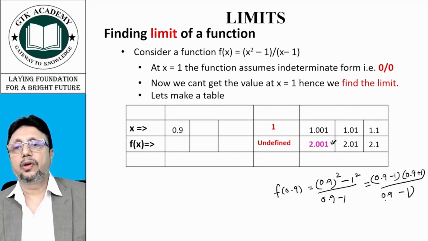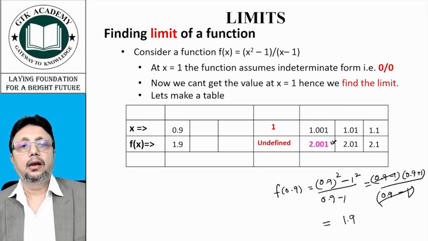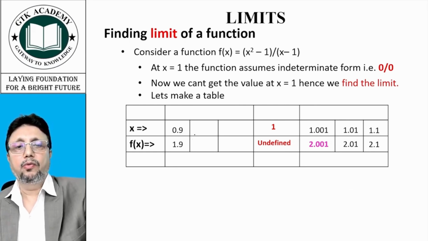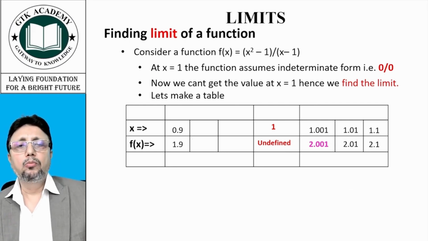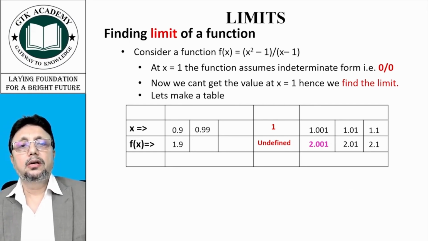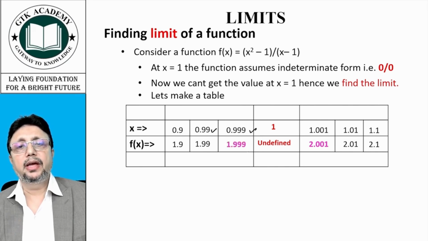Again, this will get cancelled and f(0.9) will be 1.9. Move a bit closer. Take the value of x as 0.99. The value of f(x) will be 1.99. Move a bit closer, 0.999. The value of f(x) will be 1.999.